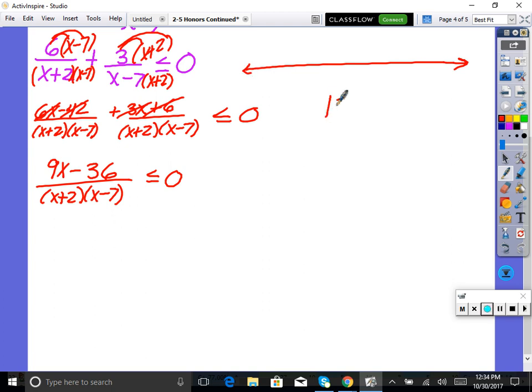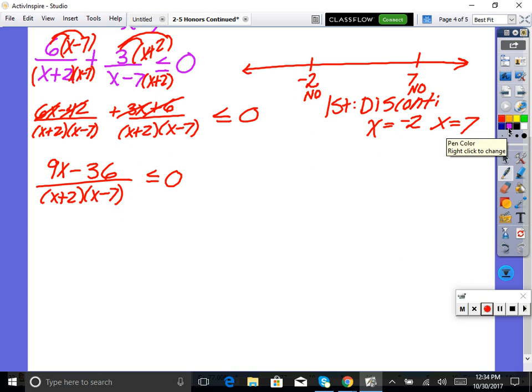So the first thing you do is find your discontinuities. So x equals -2 and x equals 7 are discontinuities. So we're going to be testing 7. We're going to be testing -2. We definitely know, once again, that those are no's. I like to just add that in there. So when I'm putting in my answer, it's really easy for myself.